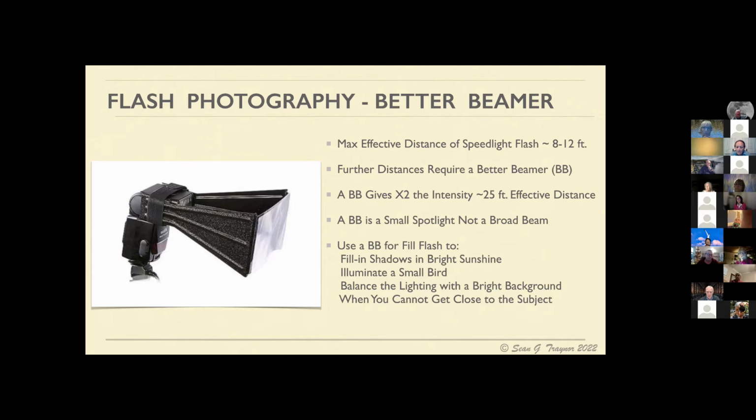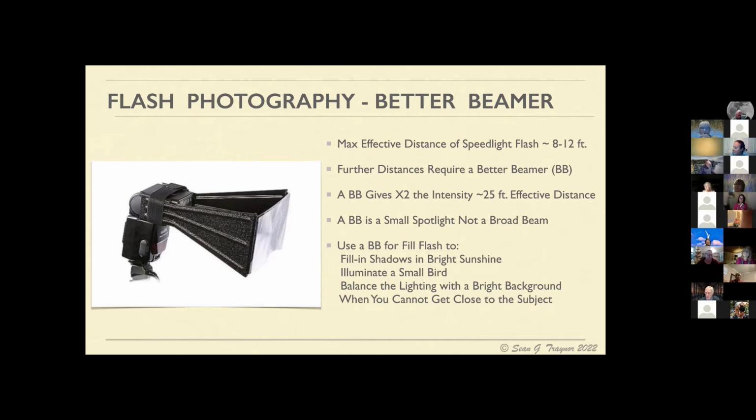That lens is a special lens with etched in rings on it, and it's called a Fresnel lens. And it's basically the same principle as lenses in a lighthouse. But a better beamer actually then gives you twice the intensity and will throw the flash out to an effective distance of up to about 25 feet.